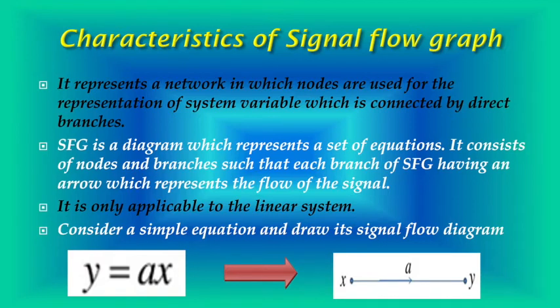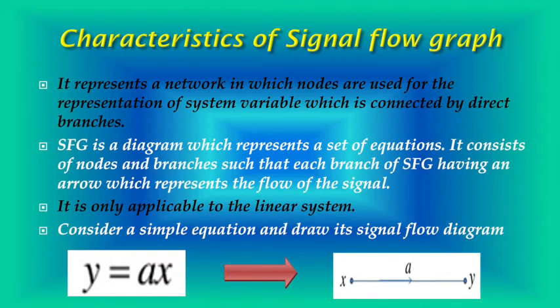It represents a network in which nodes are used for the representation of system variables, connected by directed branches. Each branch has an arrow which represents the flow of the signal. It is only applicable to linear systems.